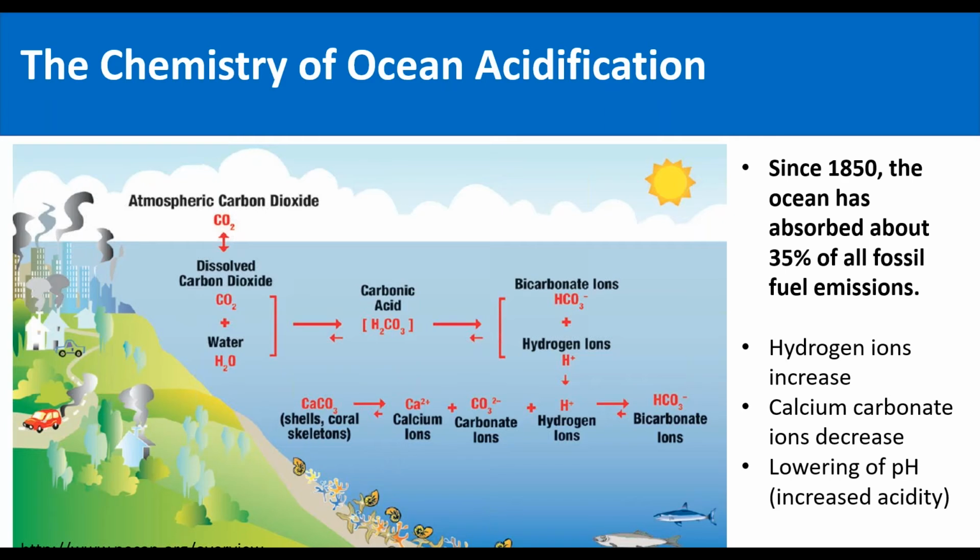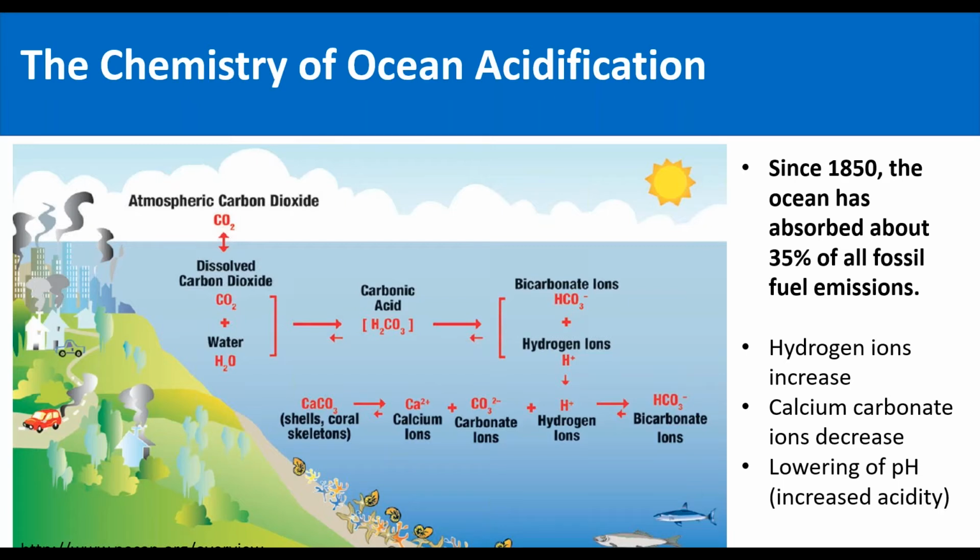Studies have shown that a decrease in these carbonate saturation states, which is associated with these increasing hydrogen ion concentrations, can have a dramatic effect on a lot of calcifying species, including oysters, clams, urchins, corals, etc. And this is really a big problem because many billions of people worldwide rely on food from these organisms as their primary source of protein.